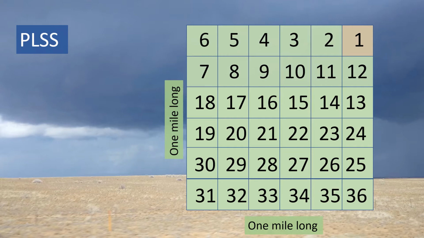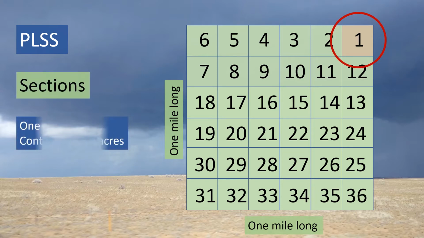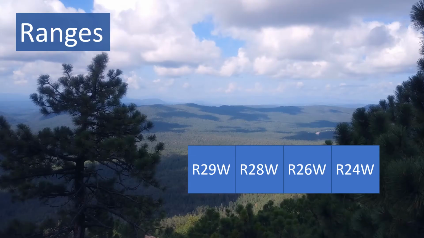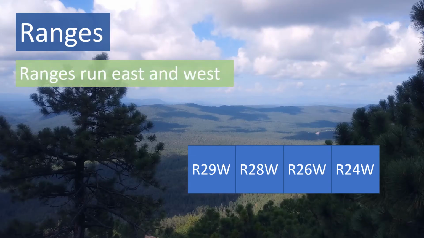The Public Land Survey System, abbreviated PLSS, starts with a section that is 1 square mile and contains 640 acres. Ranges run east and west.